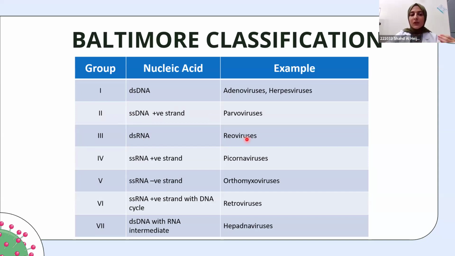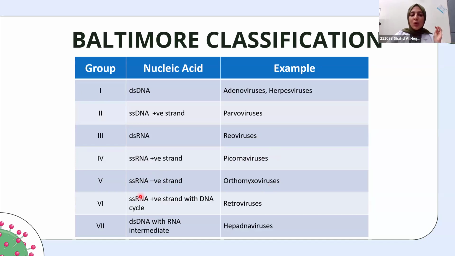Good? Group 4 is ssRNA, single-stranded RNA, positive strand, coronavirus. This is the major family in the RNA viruses. Now, we also have group 5, ssRNA, negative strand, orthomyxovirus such as influenza virus. So influenza A, influenza B, influenza C, those are orthomyxoviruses. And remember that they are single-stranded RNA, negative strand, not positive.